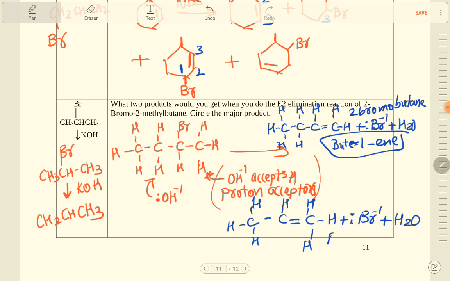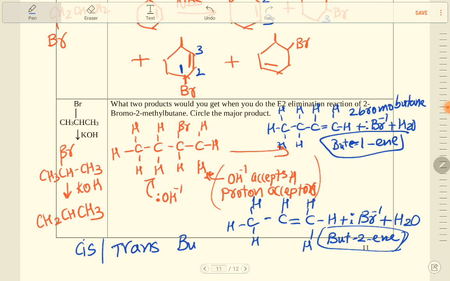So this is but-2-ene, and then the cis and trans. I don't have space here. 2-ene. So those are 3 isomers. That's something you guys need to apply and work on.